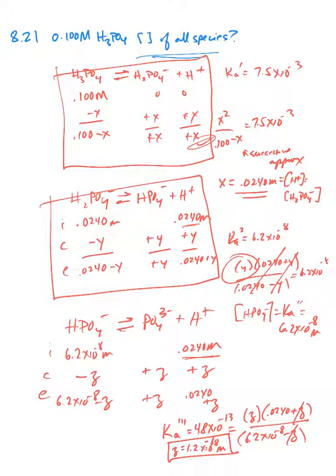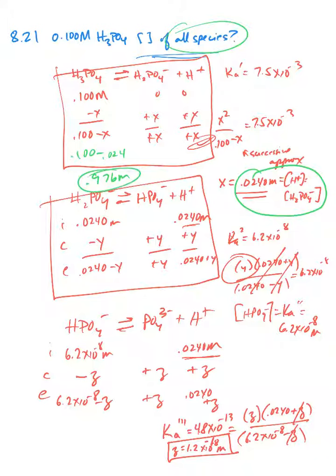So I'm going to change my color here and just highlight all the species that are swimming around in an aqueous solution of phosphoric acid. First, you're going to have your concentration of your protons and your H2PO4. Actually, I forgot to do this over here. The parent acid is going to have a concentration that's 1 minus 0.024, so that's going to be 0.976 molar.